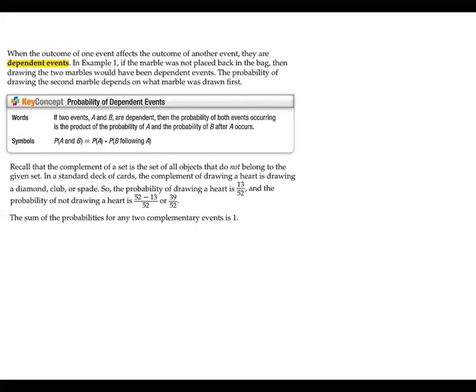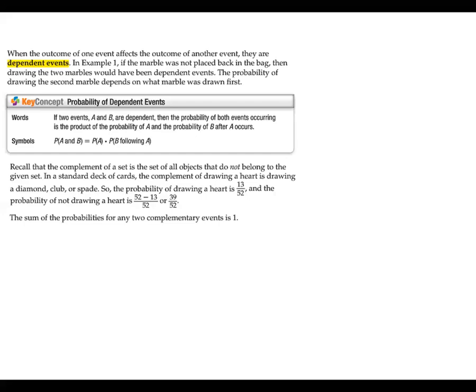Each one of them is a quarter of the deck, so each one of them would be 13 cards. So the probability of drawing a heart is 13 out of 52, and the probability of not drawing a heart would just be 39 out of 52, because you could just take 13 minus 52 to get everything that's not a heart, since there's 13 hearts. You get 39 out of 52.